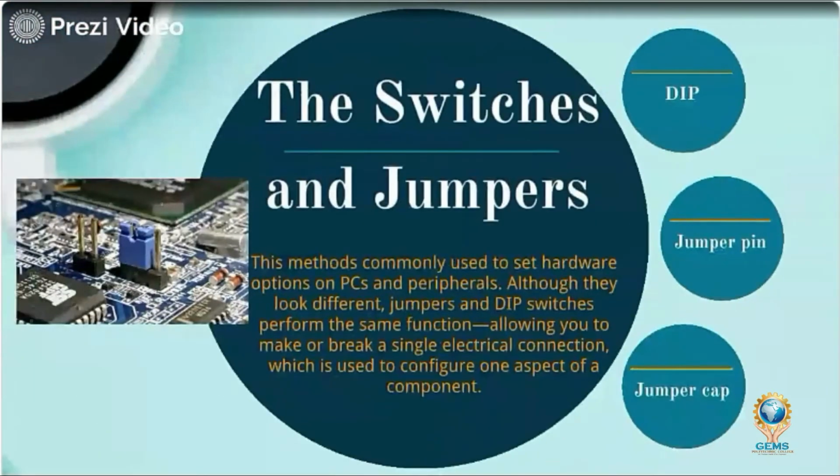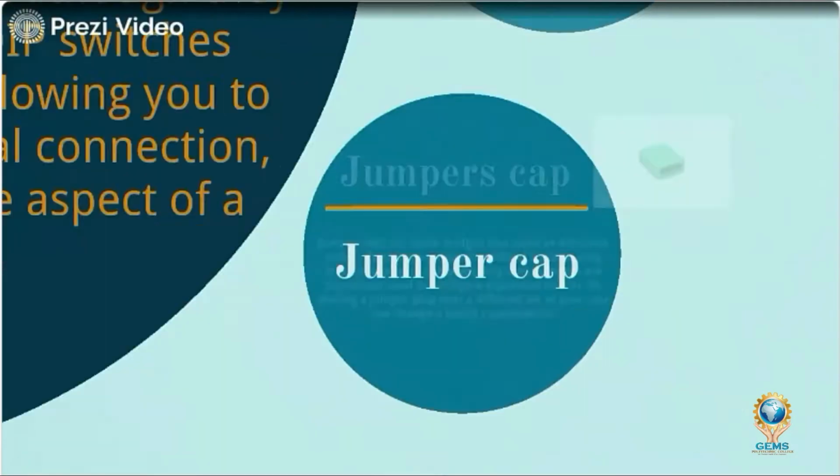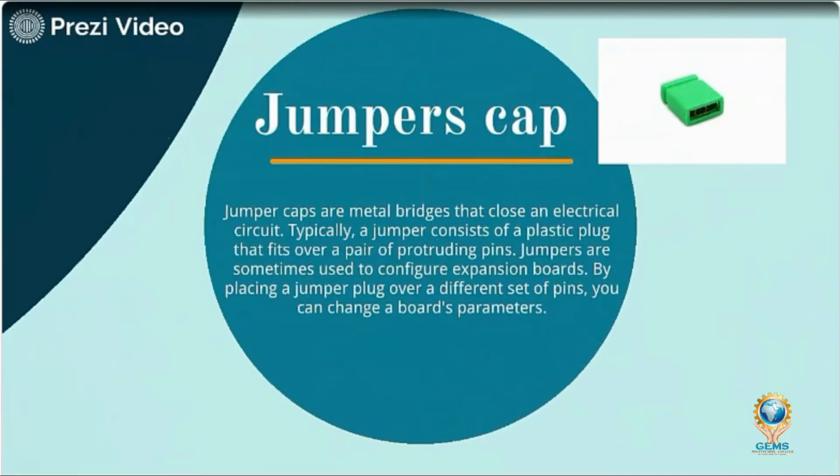And after that, the jumper cap. It looks similar to a jumper pin. The jumper caps are metal bridges that close an electrical circuit. Typically, a jumper consists of a plastic plug that fits over a pair of protruding pins. Jumpers are sometimes used to configure expansion boards.